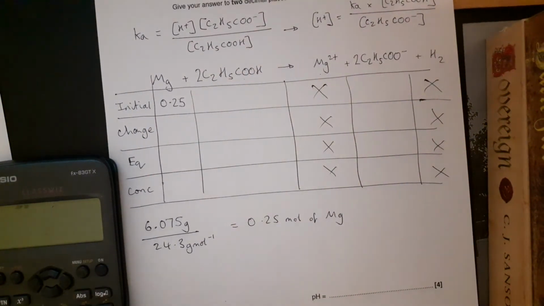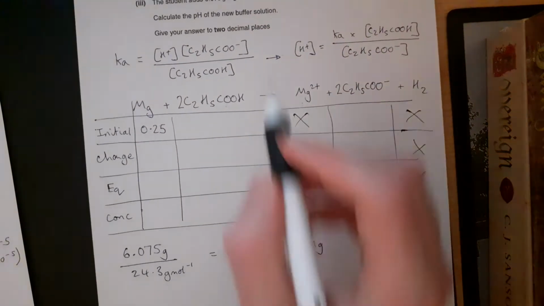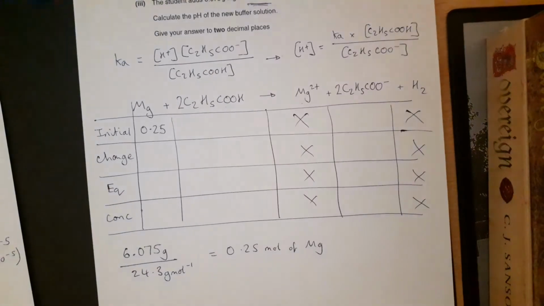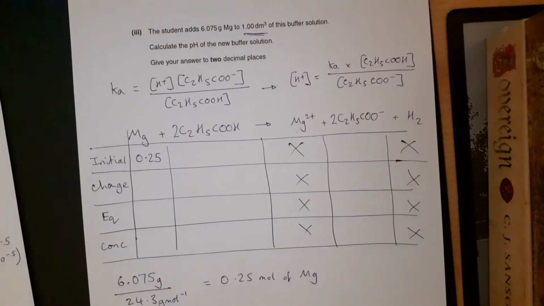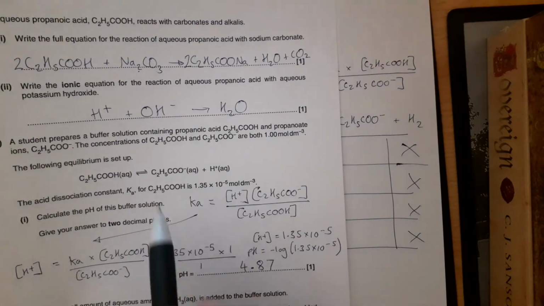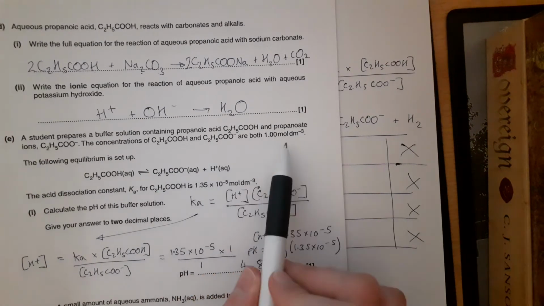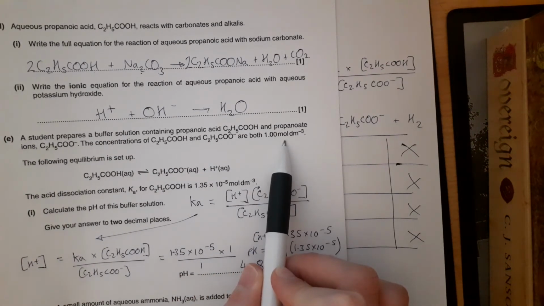Okay. Right, we need to know about some of the others. What else do we know? We know we had 1 decimeter cubed of the buffer solution. Okay. And from the previous part of the question, so we need to be really careful here. We need to go back and look at this. We know that the concentrations of both of these two were 1 mole per decimeter cubed to start with.